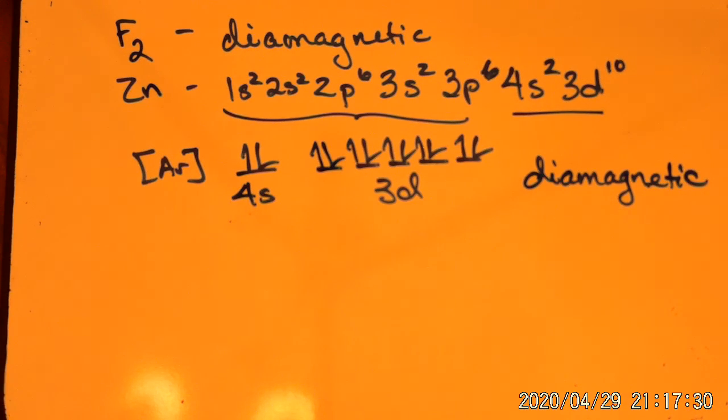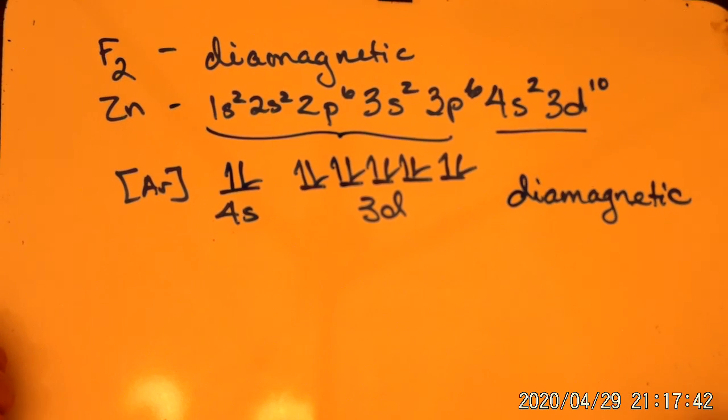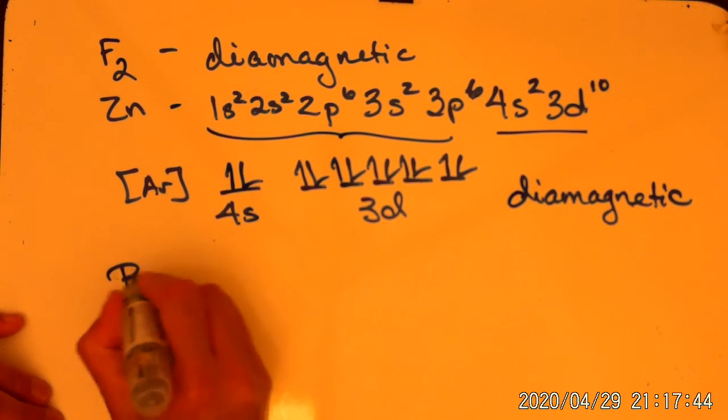Okay, so these are our atomic and small molecular level descriptions of their magnetic properties. But what about bulk properties?